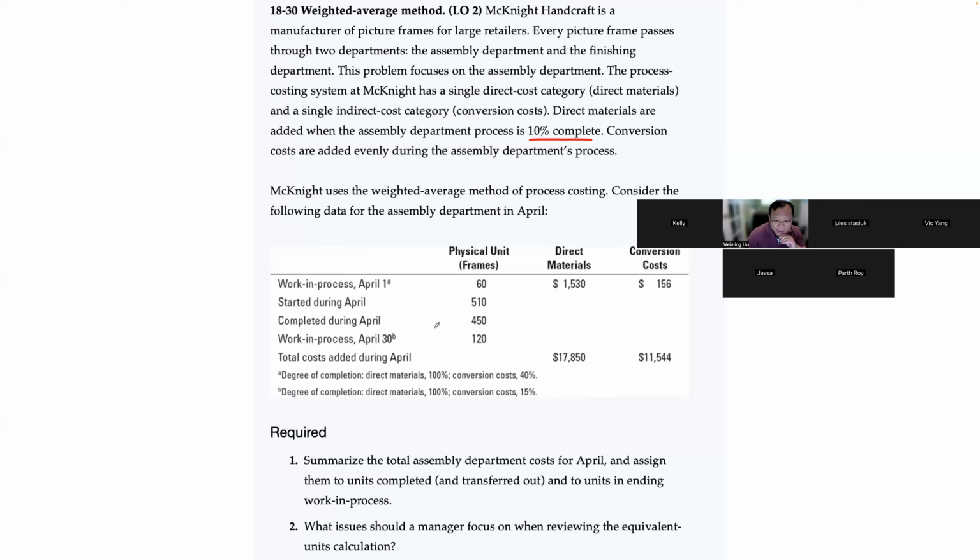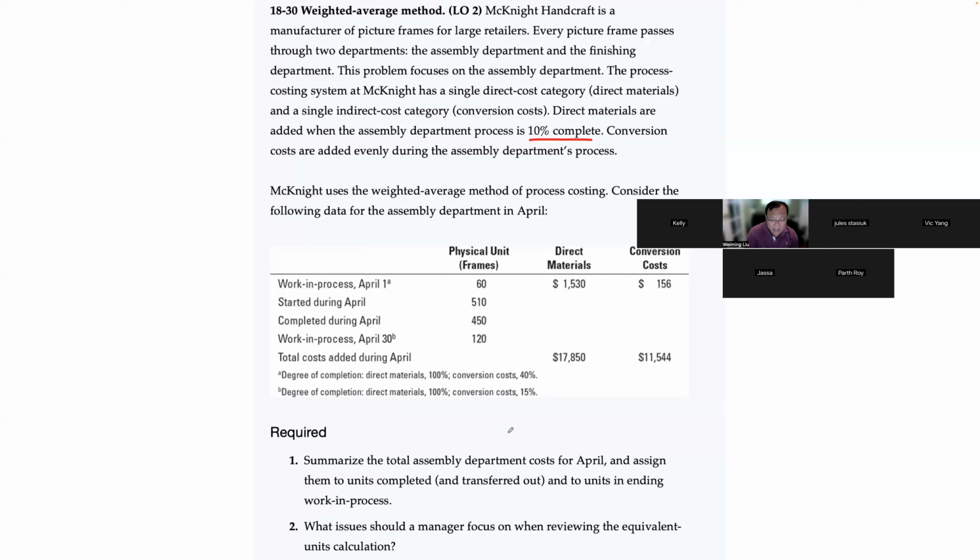Beginning work in process is 100% complete for direct materials, and conversion cost is 40%, with the corresponding costs for direct materials and conversion. The ending work in process has direct materials 100% complete, and conversion cost is only 15%.